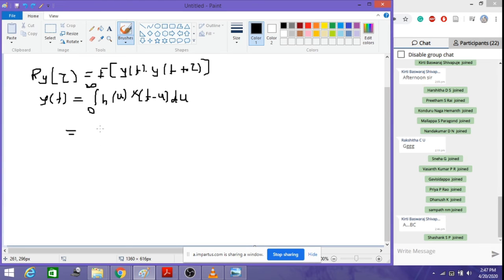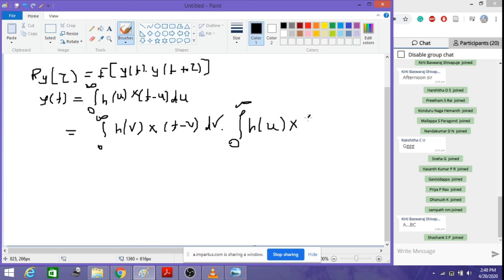Then we will get the integral from 0 to infinity of h of v into x of t minus v into dv, into the integral from 0 to infinity of h of u into x of t plus tau minus u into du. So we are substituting for each of these terms in this correlation function.